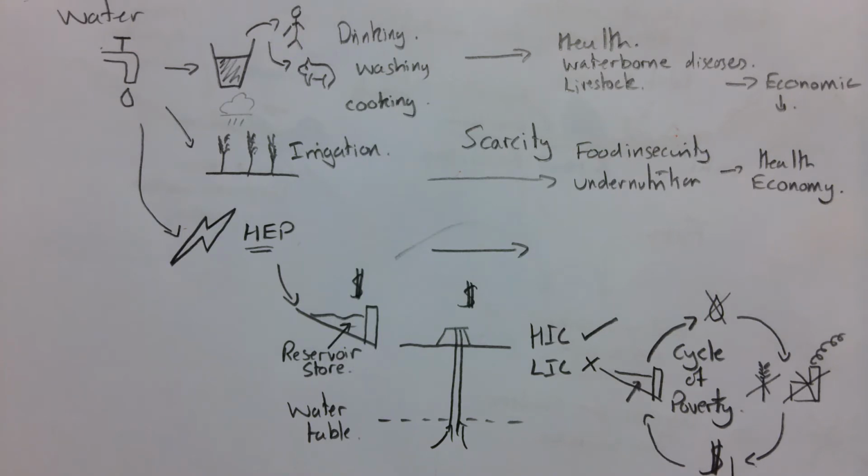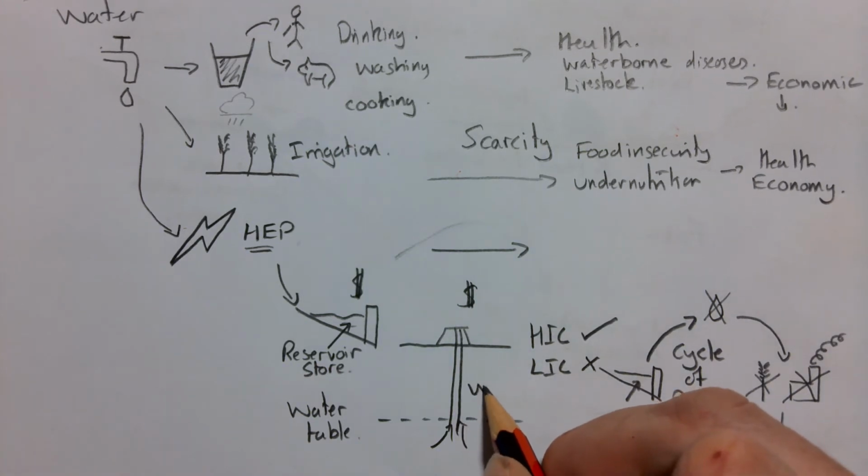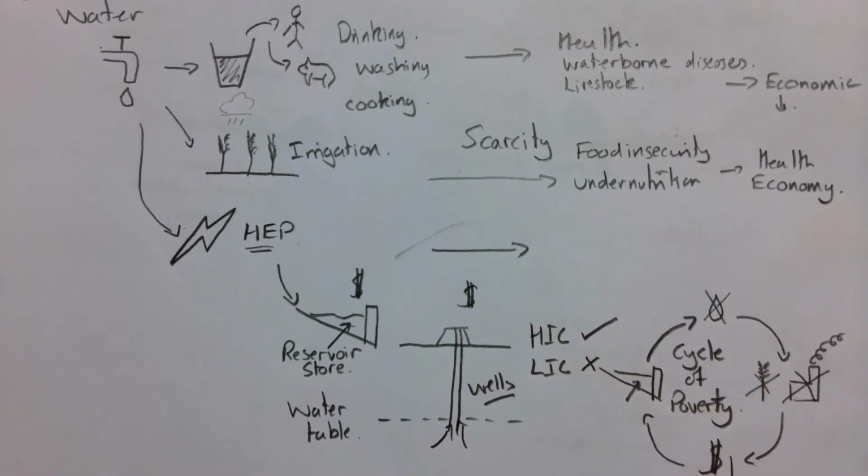What is necessary for a country to do if it needs to take advantage of its water resources? That's right, it needs to build dams to store the water, or wells to access the groundwater beneath the water table.